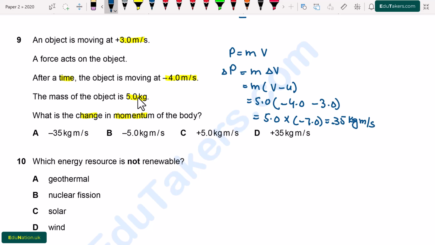So from here, option A is correct. We don't have to ignore the minus sign here.